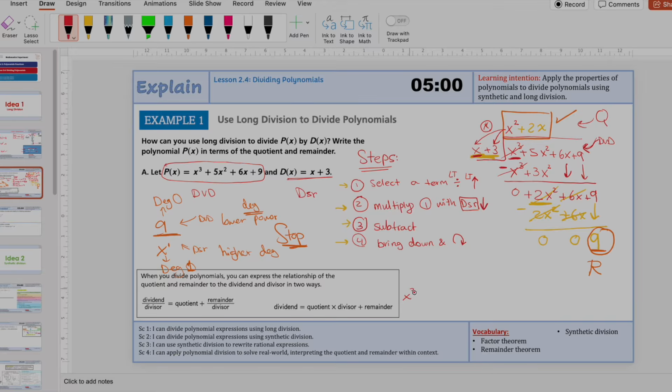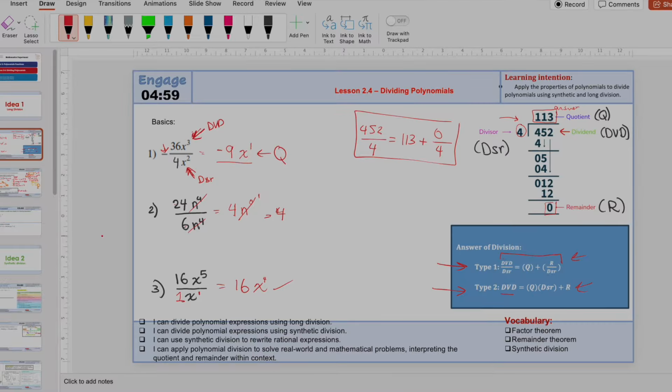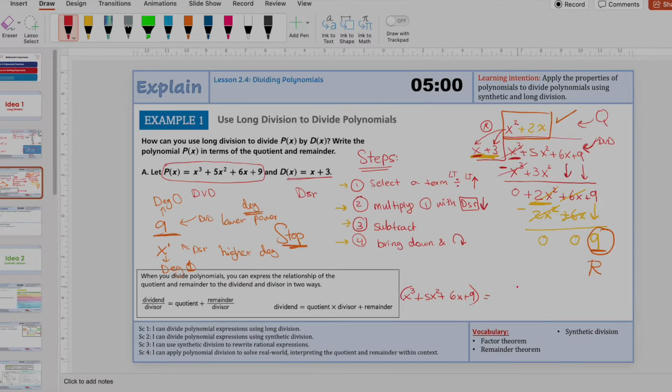It's x to the power of 3 plus 5x squared plus 6x plus 9 equals, that's my dividend, equals quotient times divisor. My quotient is x squared plus 2x times divisor is x plus 3 plus my remainder, which is 9. That's it. This is how you write your answer of division.